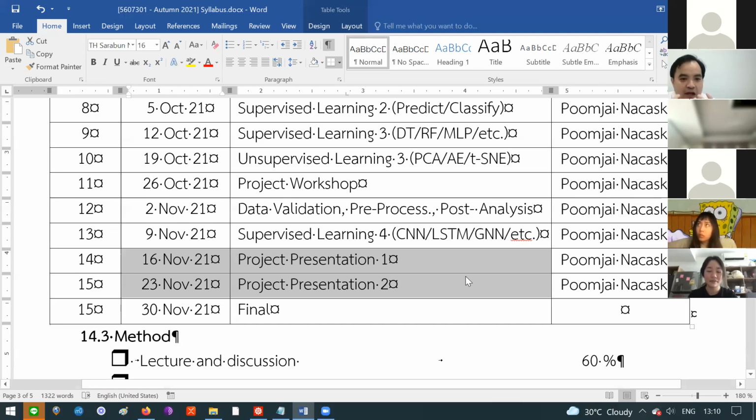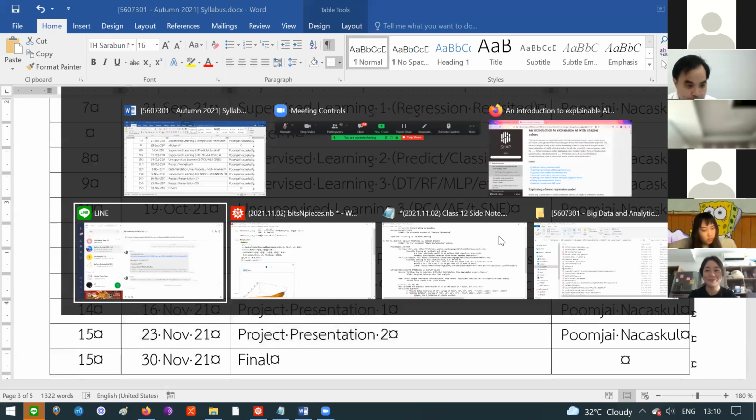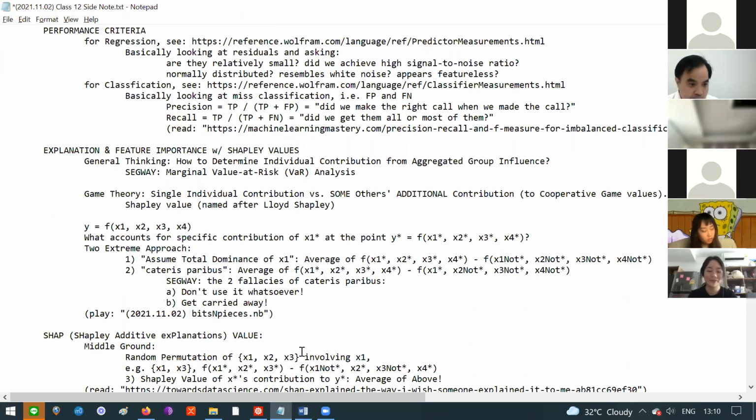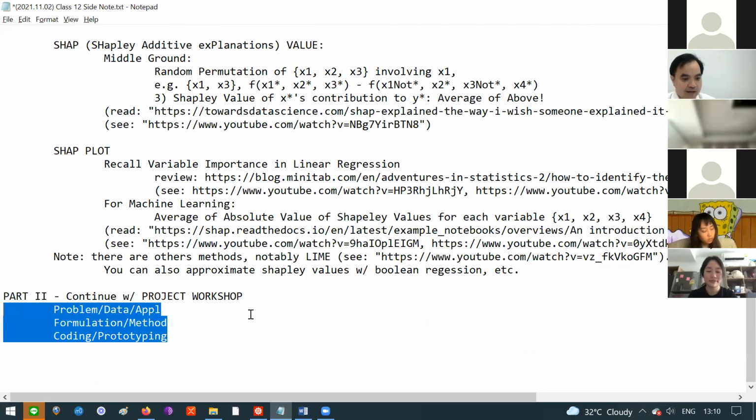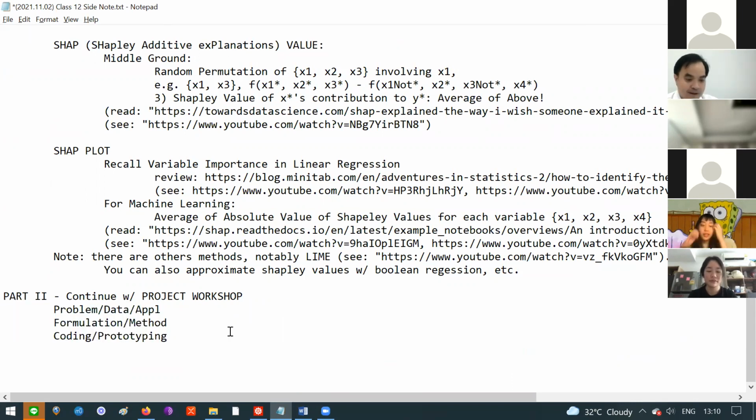This is also a formal description of what you did for the project, how you formulated the problem. So all the things that we talk about in terms of the project, the problem, data, application, how you formulate the methodology, how you code, all this would be described in that documentation.